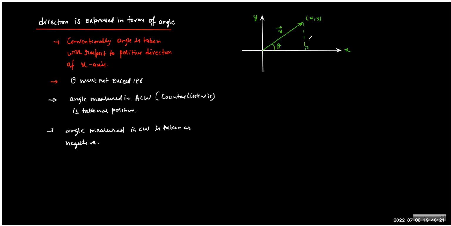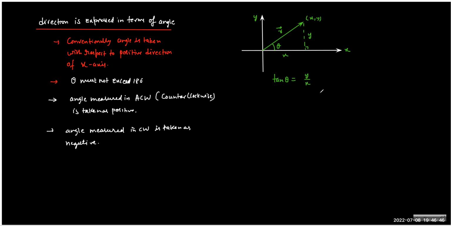Given x and y coordinates, which is easier to calculate? Theta. So which one, sine, cos or tan? Given x and y, which should I use? Tan. Very good. So tan theta is y by x.